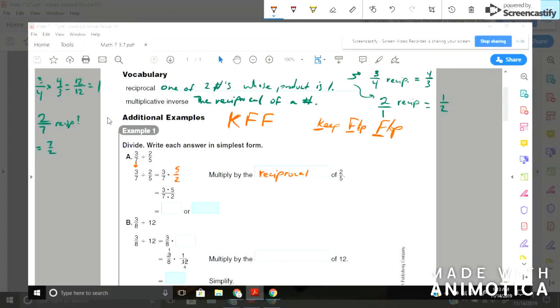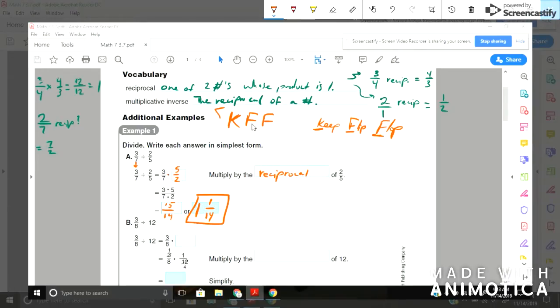You take your top number times your top number, 3 times 5 is 15, and your bottom number times your bottom number, which is 14. So our answer is 15/14, or if you wanted to simplify that, 14 goes into 15 one whole time, and there's 1 left over, and keep our denominator. Okay, so there you have it.